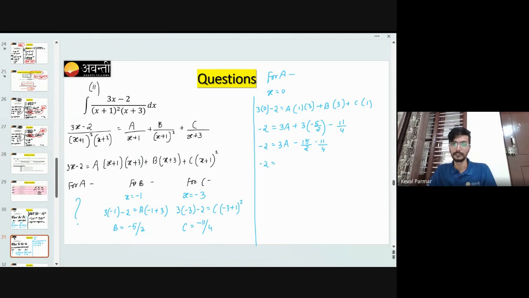So minus 2 is equals to 3A minus 41 by 4. That means 3A is equals to 41 by 4 minus 2, which is 33 by 4. That means A is equals to 11 by 4, as 3 and 33 will get cancelled. So I got A equals to 11 by 4.